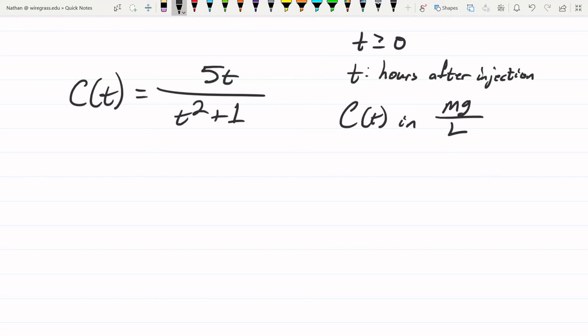Now there's a few things we can look at in this graph of this rational function. Probably one of the most important things is understanding, at different points, how concentrated the drug is.